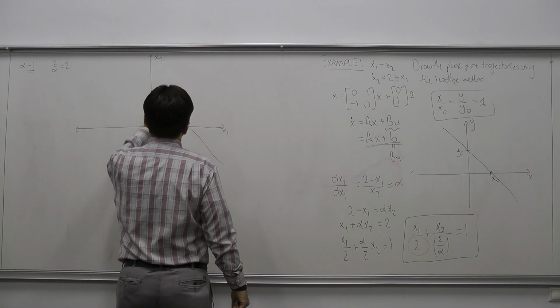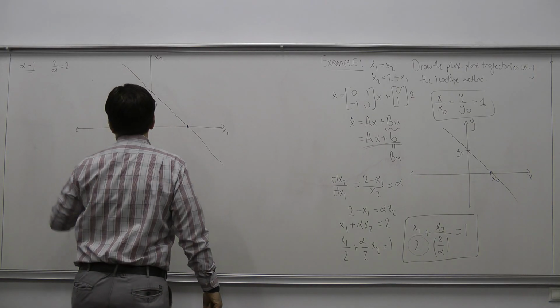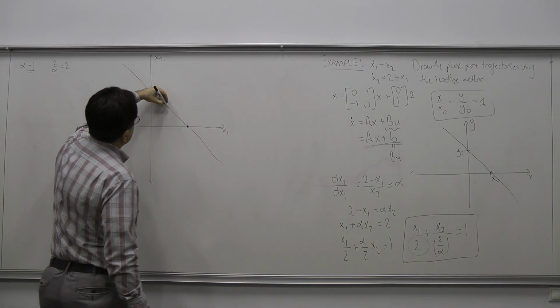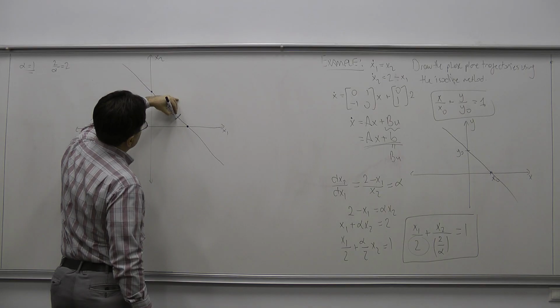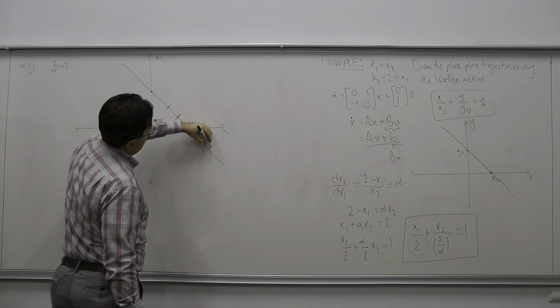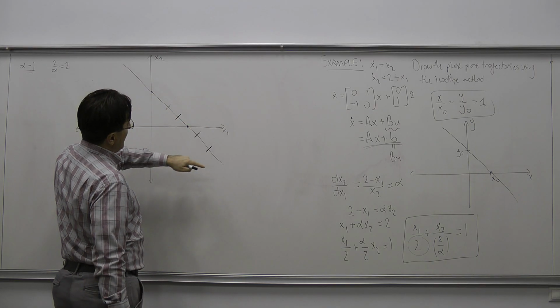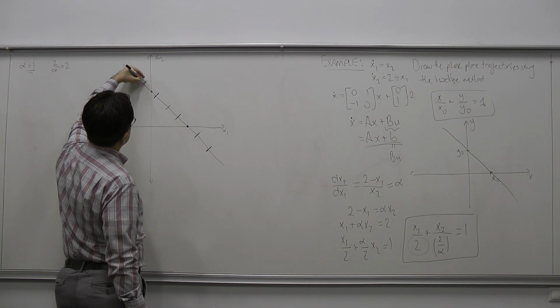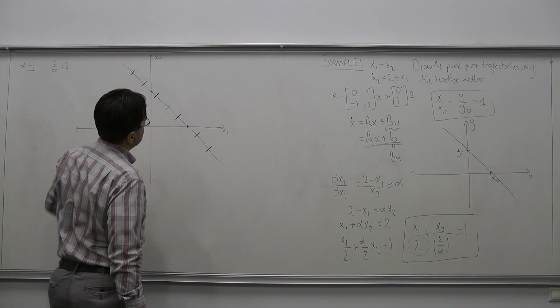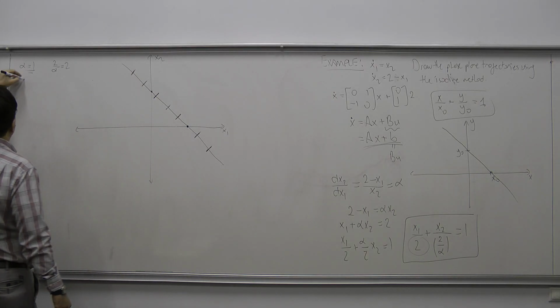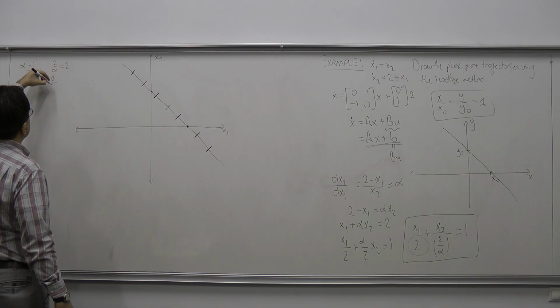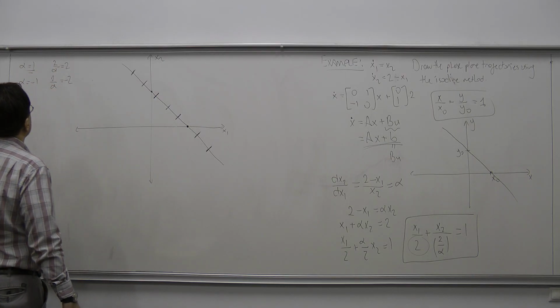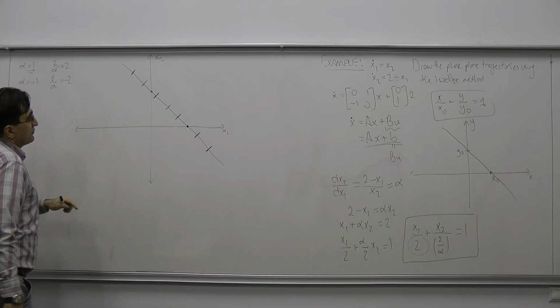Okay? And on this line, I know that the slope of the trajectories should be just 1. Okay? So the slope of this line is -1, and the slope of the trajectories on this line would be just 1. Let us take alpha equals -1, then 2 over alpha is equal to -2.